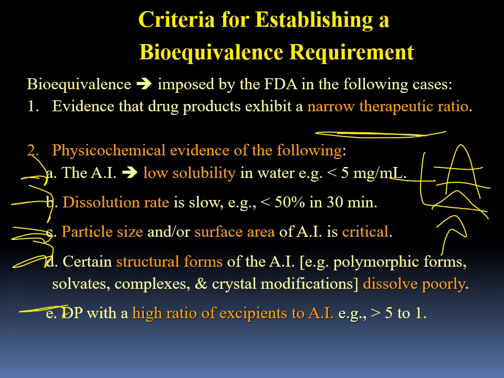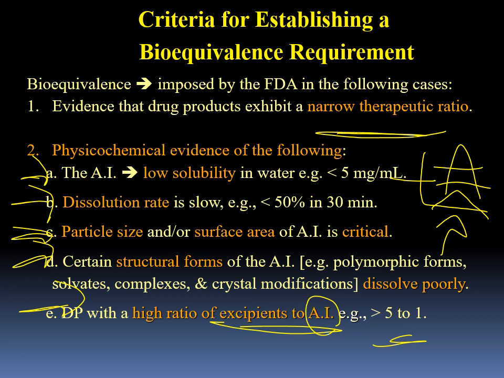A last example here, if the ratio of active ingredient to excipient is very low, or if we can tell it the opposite way, if the ratio of excipient to the active ingredient is very high, for example, more than 5:1. For example, if you have the active ingredient dose in each tablet 1 milligram and you have 200 milligram excipient, so you can imagine the ratio here is 200 divided by 1, 200 to 1.